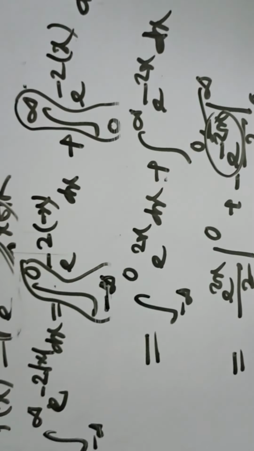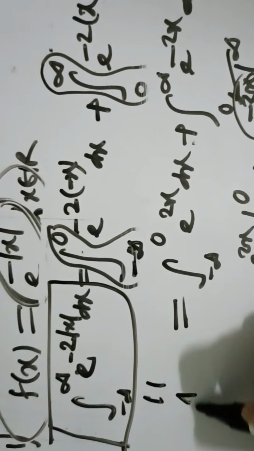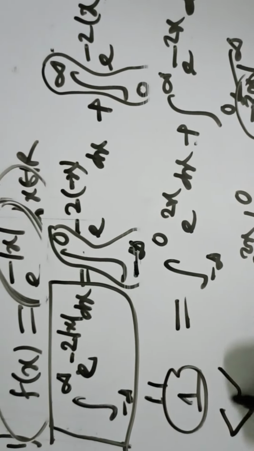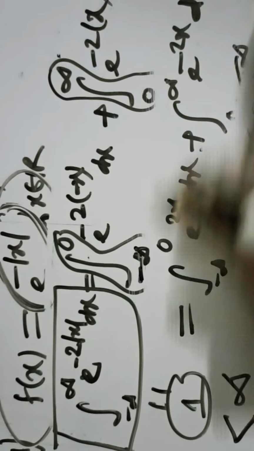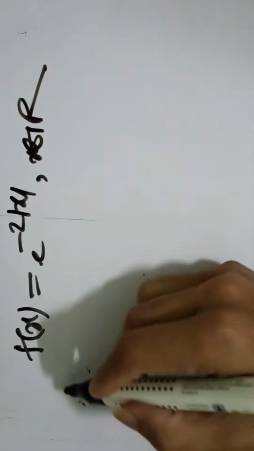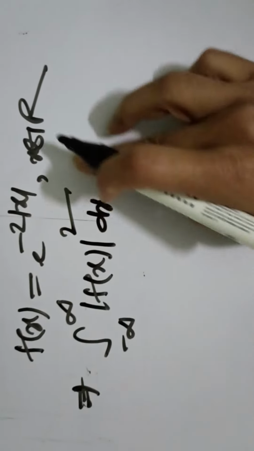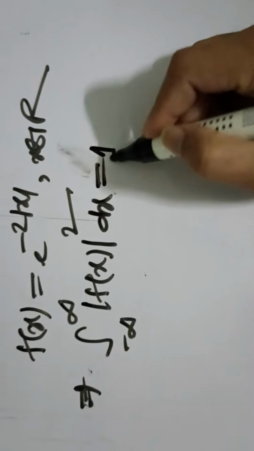So if we calculate the integral from minus infinity to infinity of f(x) squared dx, this value becomes 1, and this is a finite quantity, less than infinity. So for the function f equal to e to the power 2 mod x, the integral of mod f(x) to the power 2 dx is 1, a finite quantity.